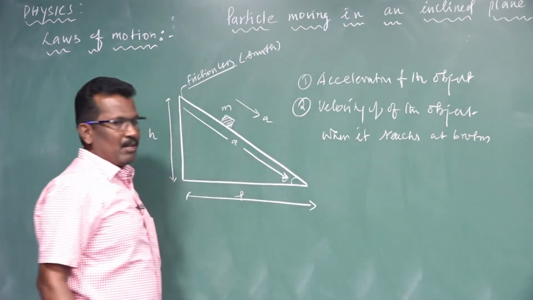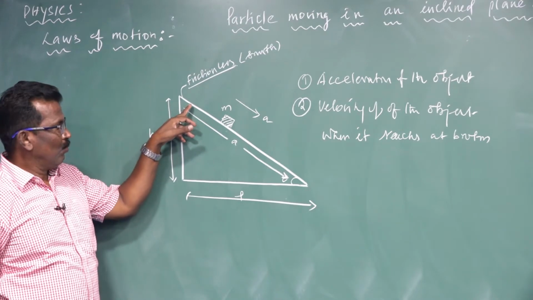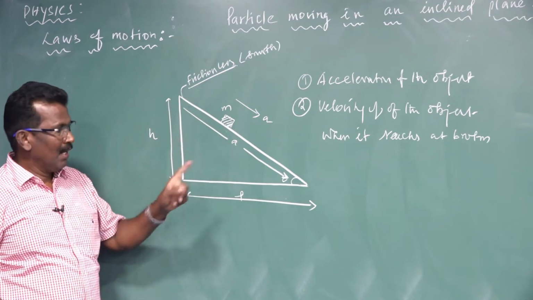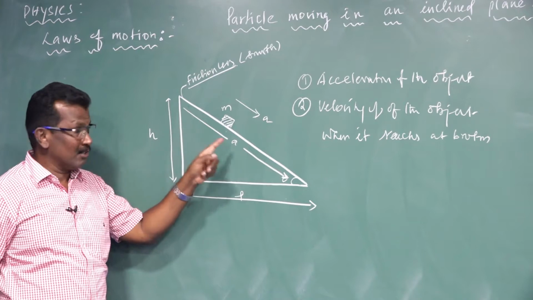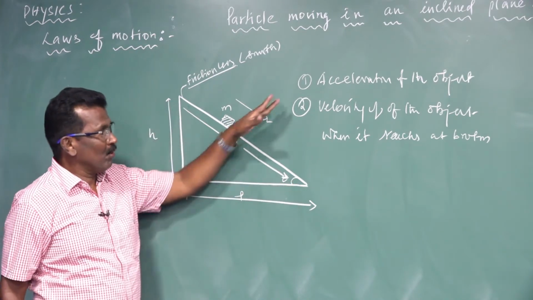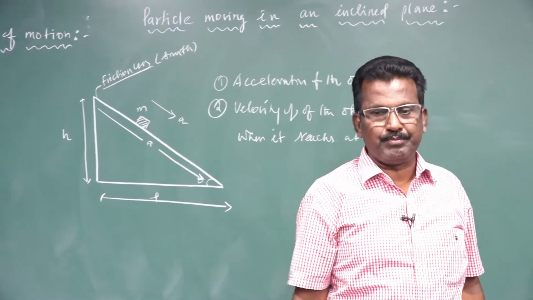These two things we are now going to deal with. The body is moving along the inclined surface. What is the acceleration of the object along this surface, and what is the final velocity when it reaches the bottom? Before calculating these two things, we must remember two important things.